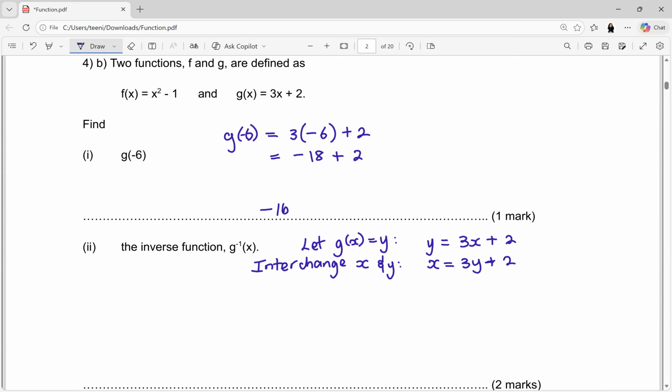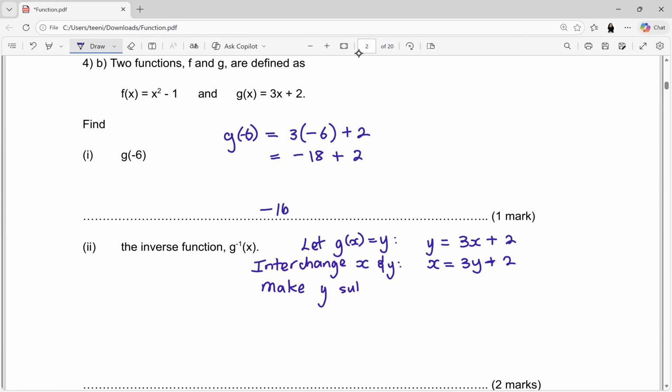And then we solve for y, or we make y the subject of the equation. So making y the subject means that I need to move everything from the right hand side to the left hand side to just get y is equal to something.